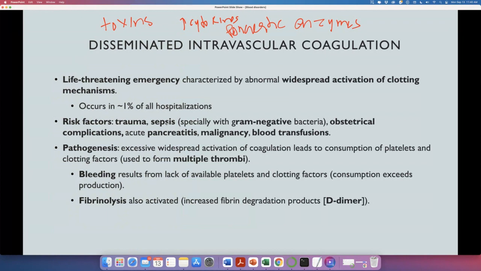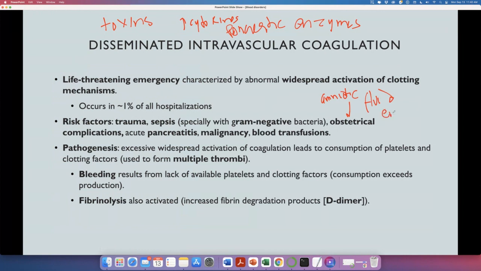Okay, cases of trauma where we have a lot of abnormal things in the circulation, for example, crush injuries, some obstetrical complications like amniotic fluid in the blood.